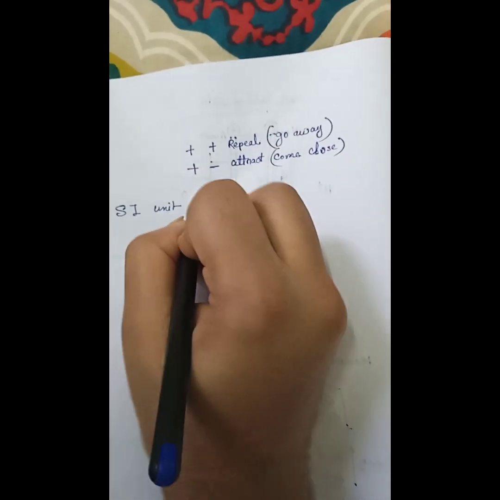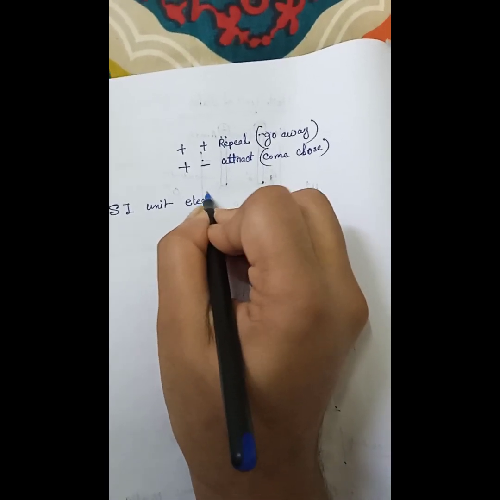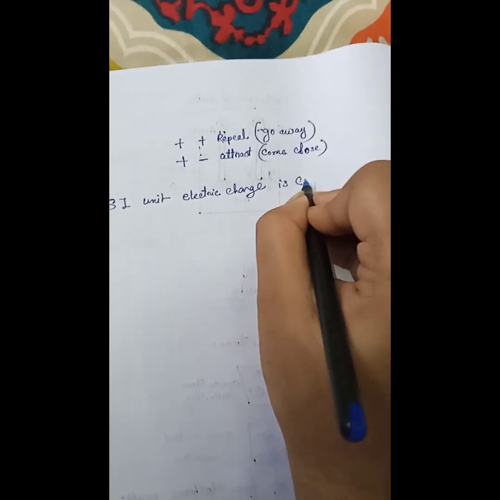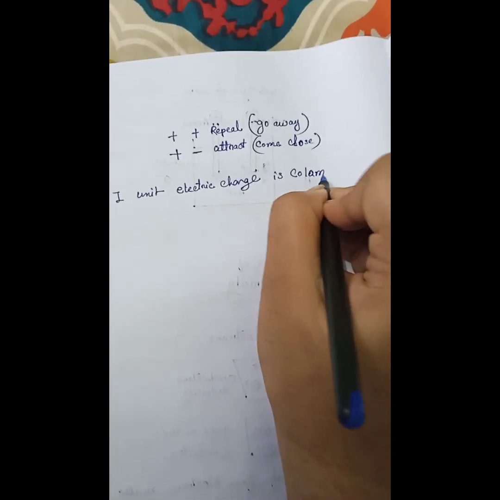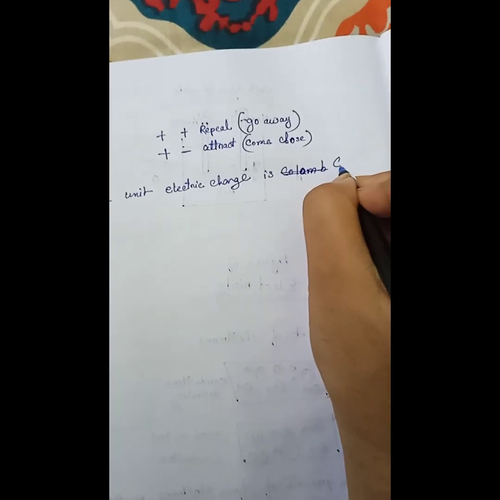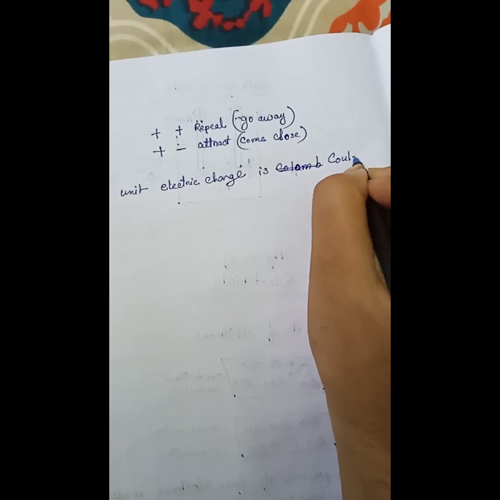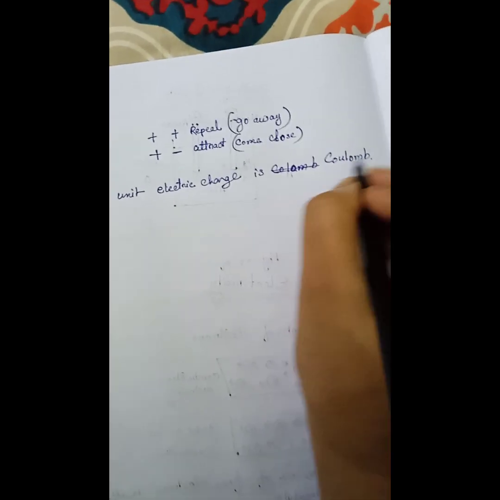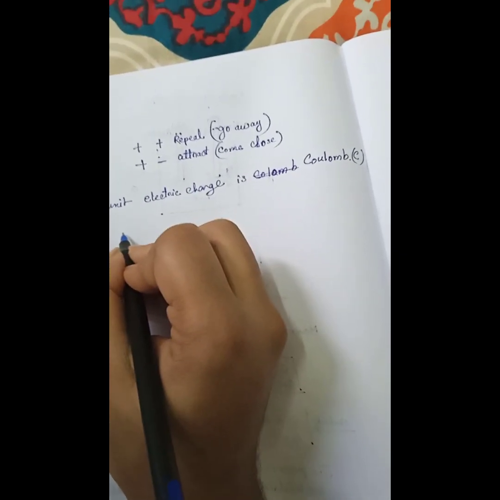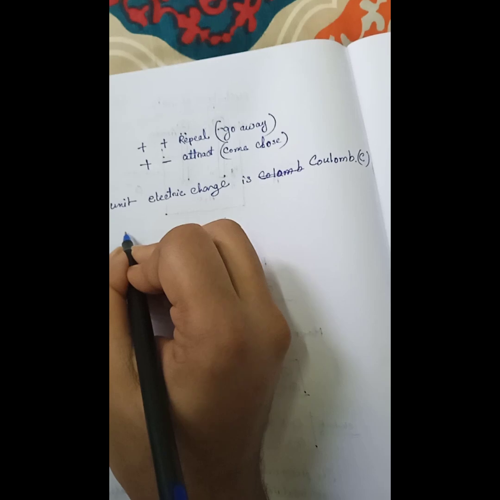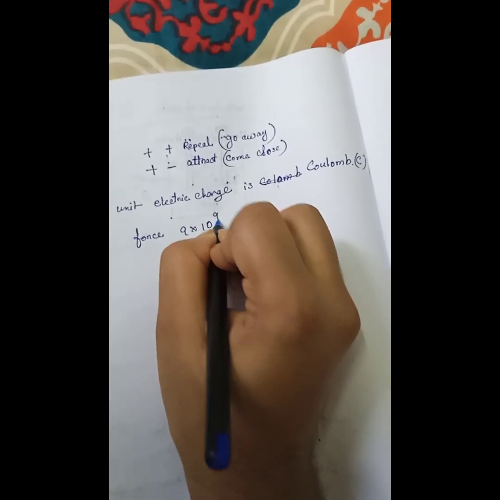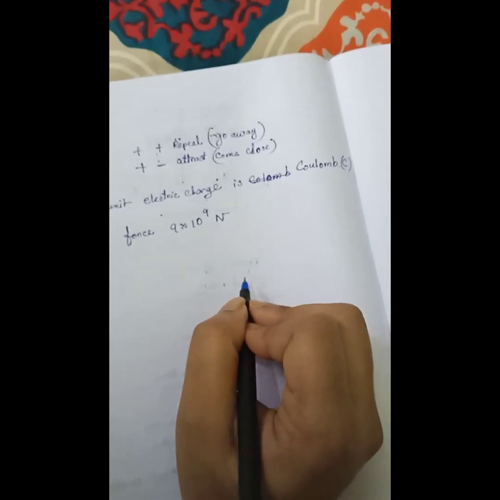Let us know about the SI unit of electric charge. The SI unit of electric charge is known as the coulomb. We can generally write coulomb as capital C. So, 1 coulomb can exert a force of 9 into 10 to the power 9 Newton.